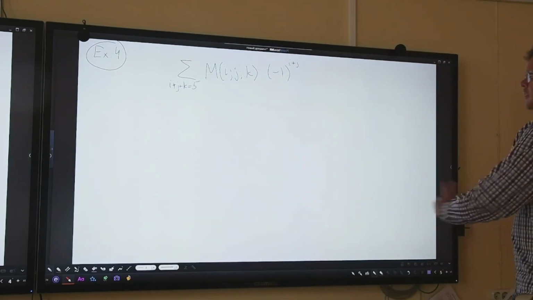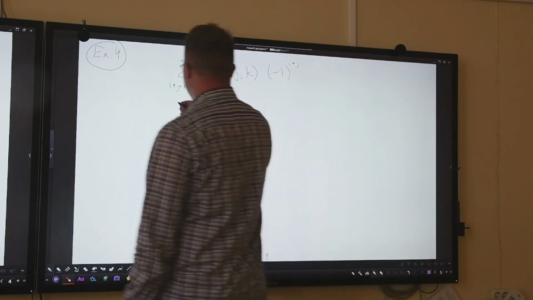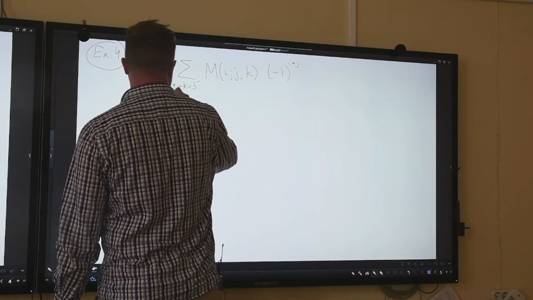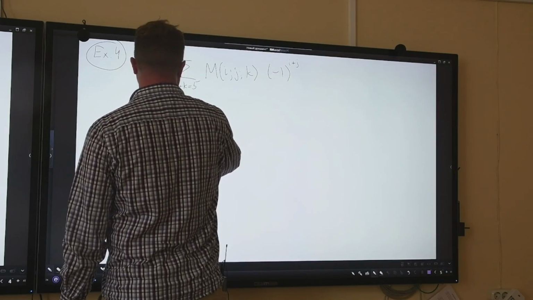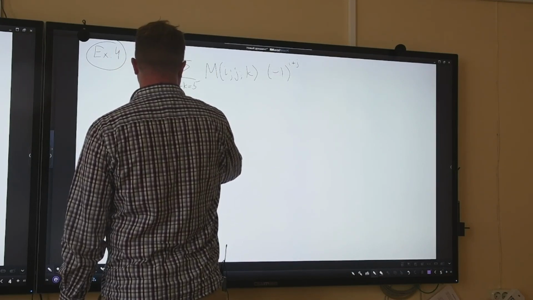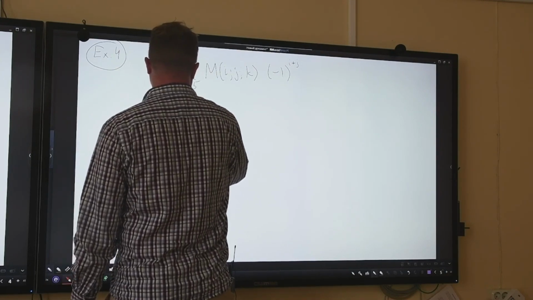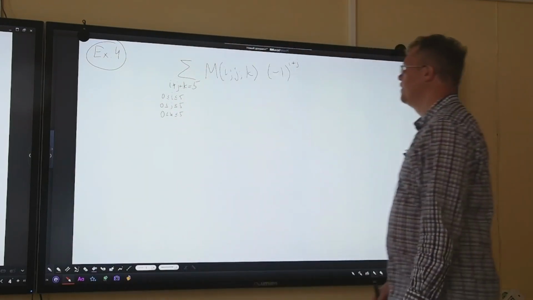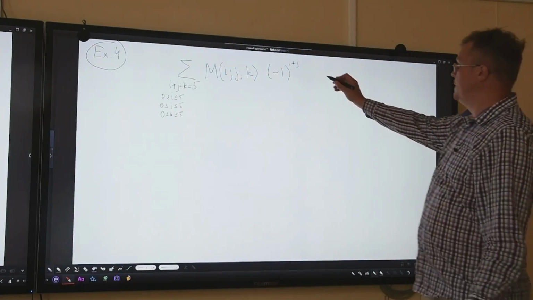I take the sum over all possible ways. Of course, these indices must be natural numbers between 0 and 5. Can I find this expression?